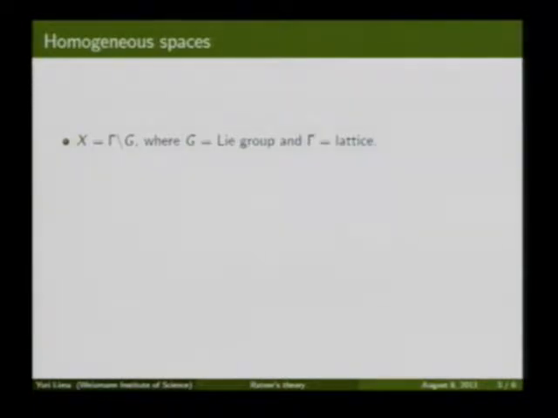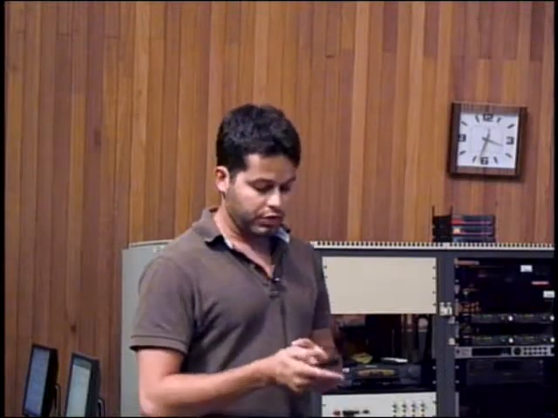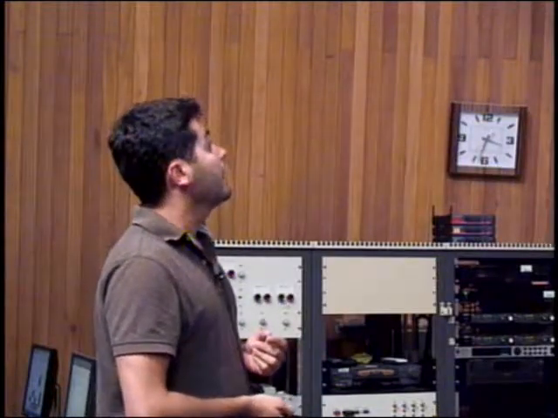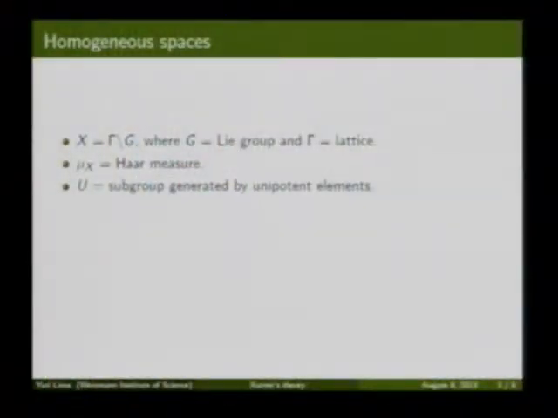So you have invariant measures, so you have ergodic theory. Good. In this case, we call this measure the Haar measure of the homogeneous space, and we are interested in analyzing the actions of subgroups of G generated by unipotent elements, just like the horocycle flow is generated by the unipotent matrix 1, 1, 0, 1.